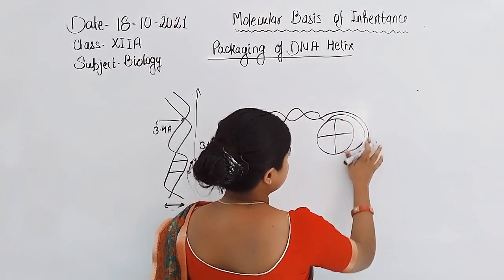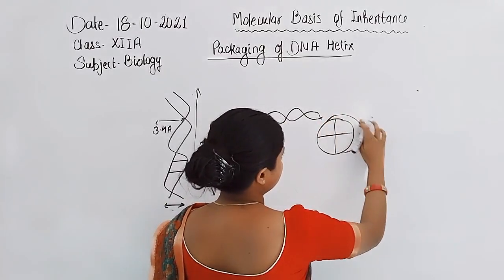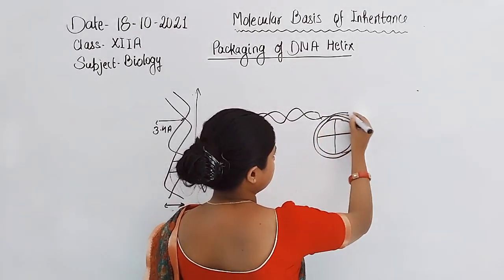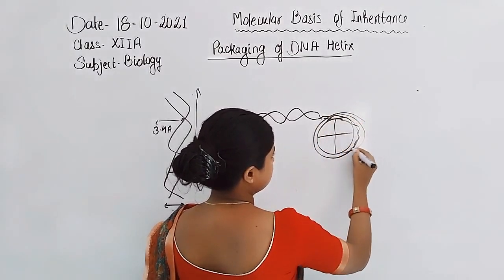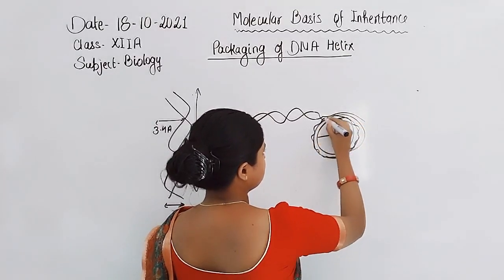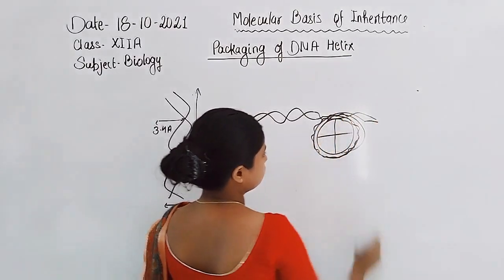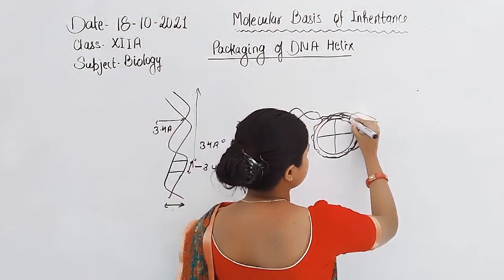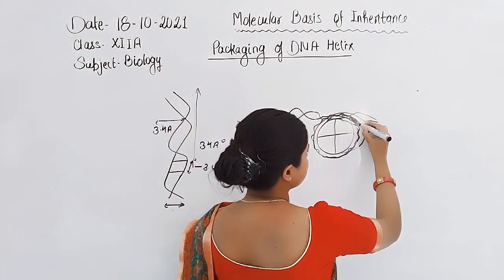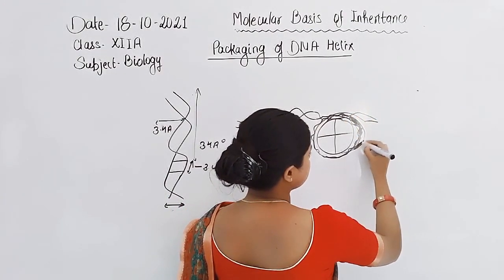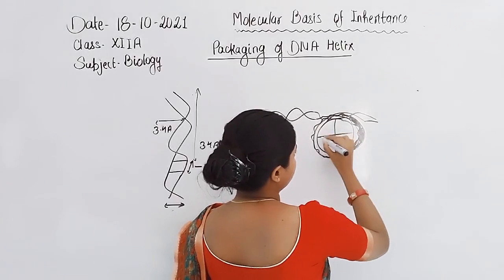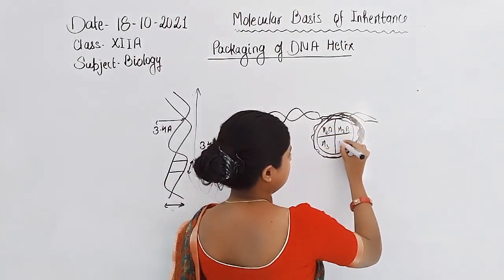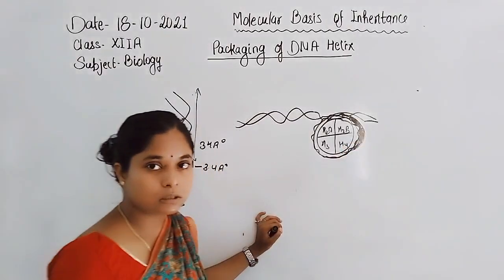Now the DNA rotates over the histone octamer through the interaction. Here are the H2A, 2B, 3 and 4 subunits.